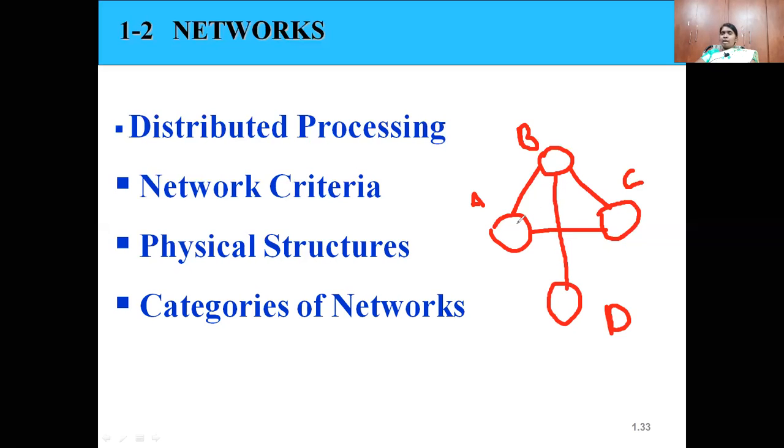A should also have a connection to D, B should connect to D, and C also should connect to D. This is our mesh topology. In mesh topology, the connecting wires are more, the complexity is more, and the cost is also more. Mostly we go for star and bus topologies.